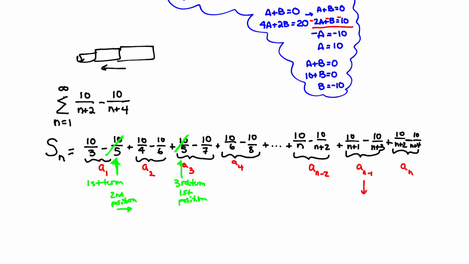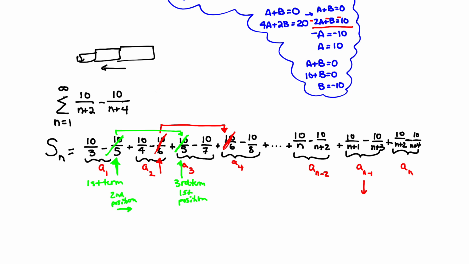And let's check. So my second term here should cancel to the right. Skip a term and go over one, and there it is. You see that? So this guy cancels to the right. The second position will cancel to the right.